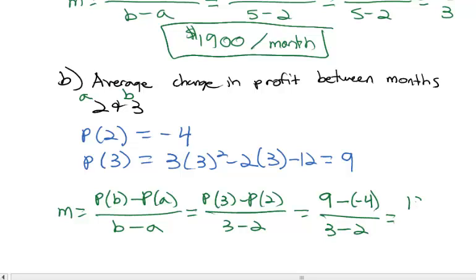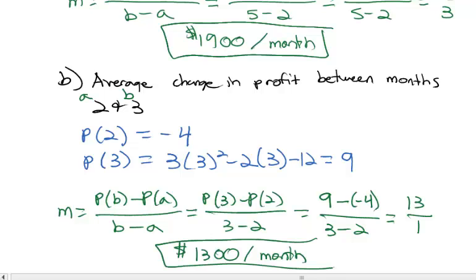So when we do that, we get 13 over 1, saying that on average, between months 2 and 3, our profits changed about $1,300 per month. And because it's positive, we'll even say it was increasing. It increased an average of $1,300 per month between months 2 and 3.